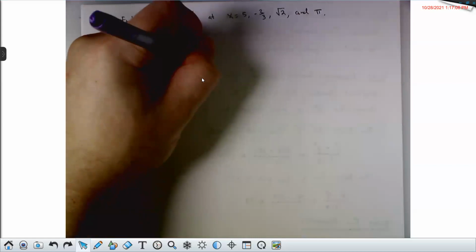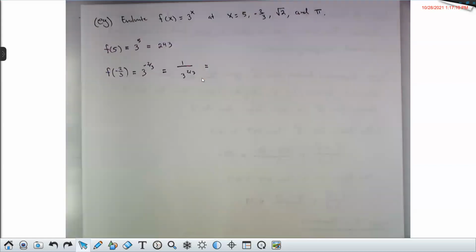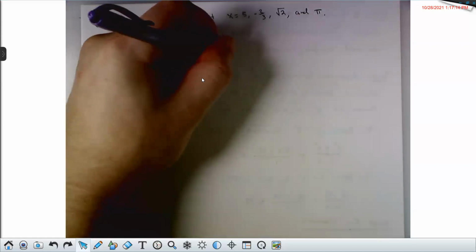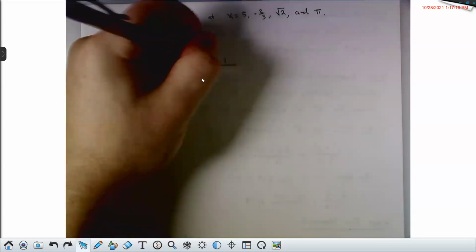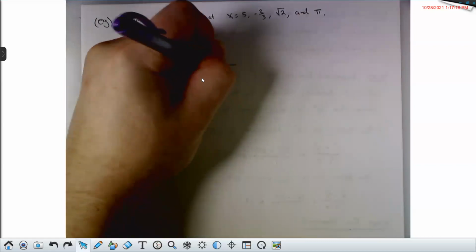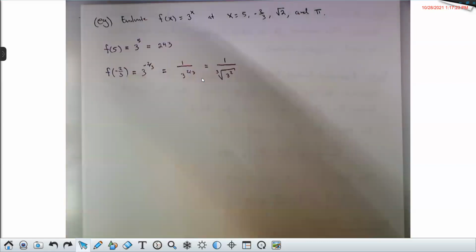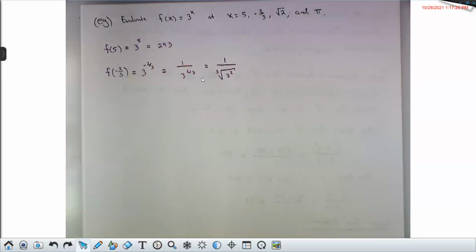So according to rule 5, 3 to the 2/3, which is downstairs here, is the cube root of 3 squared. So we're going to square 3 and then take the cube root of that.